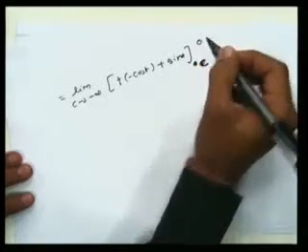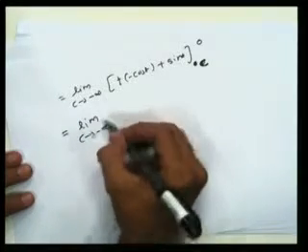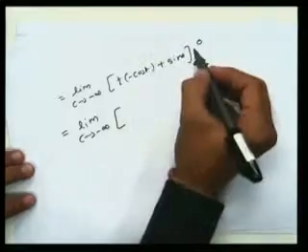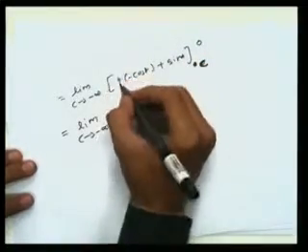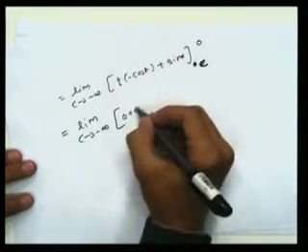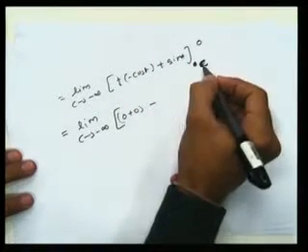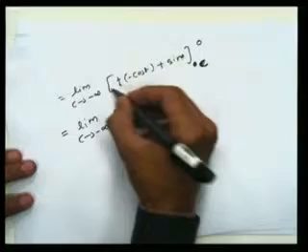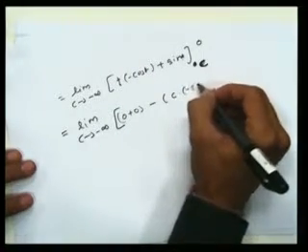Now we put 0 in place of t, then we have 0 plus sine 0, which is 0. So for the upper limit the answer is 0, minus, if you put the lower limit then we have c into minus cos c plus sine c.